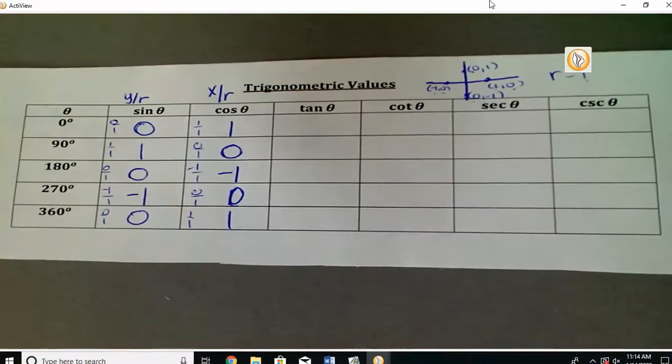Got a little ahead of myself. How do you do tangent? Y over x. Why don't you guys fill that one out?